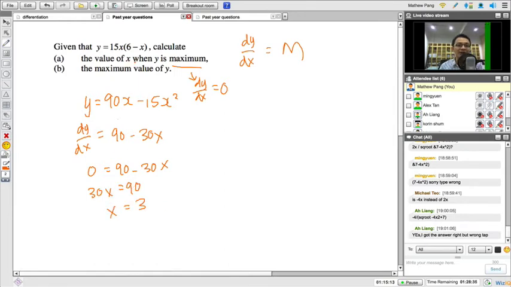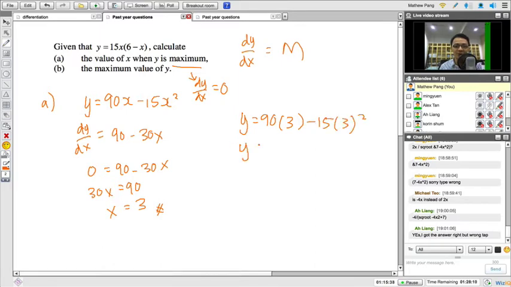So find the values of x when y is maximum. So now I got my value of x easily. 2 marks. Then he asks you to find the maximum value of y. So you're going to find the maximum value of y by substituting the x into the y here. So I got y equals 90, x is 3, right? Minus 15, 3 squared.